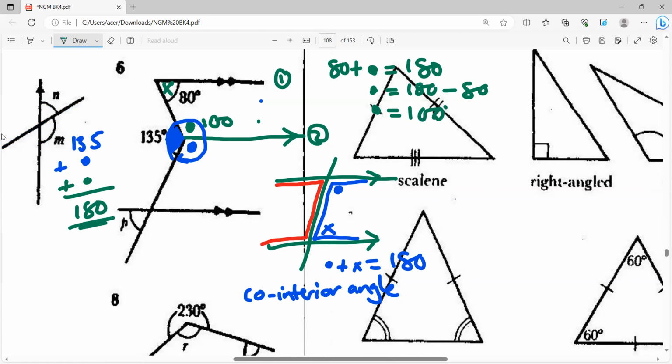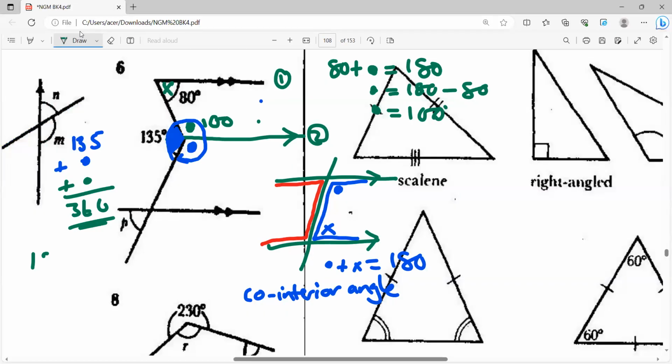So in this case, we already know that the green dot is 100 degrees. So we'll say, no, it must give you 360, not 180. It must give you 360. So you're going to say 360 minus 100 minus 135 to get that blue guy.